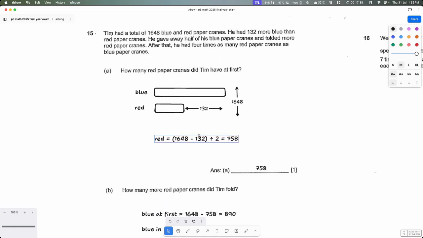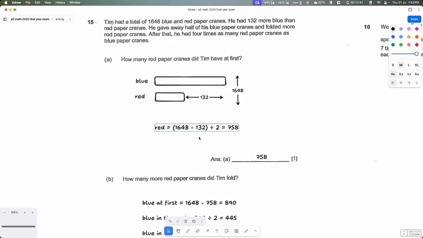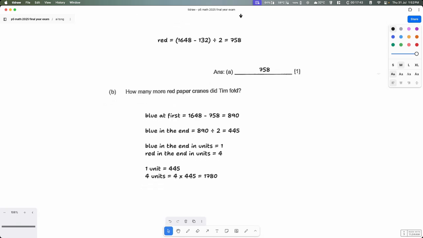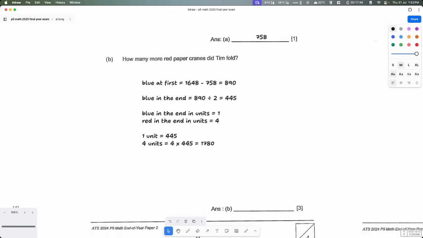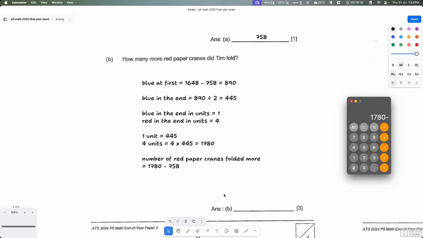So we know red at first is 758. How many more did he fold? The number of red paper cranes folded more is basically 1780 minus 758.